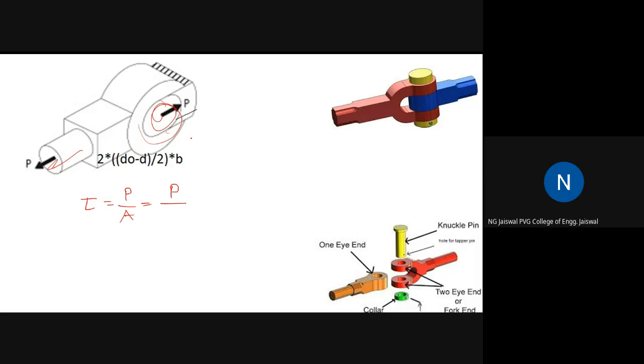Which area under shear? What you can see this way is not actually clear in three dimensions. If I draw the same figure in a two-dimensional view, this is the outer diameter, this is the inner diameter, and this is the side view. Now, if I see from this end, this is the picture. I am saying that this much part is removed. Can you see this?